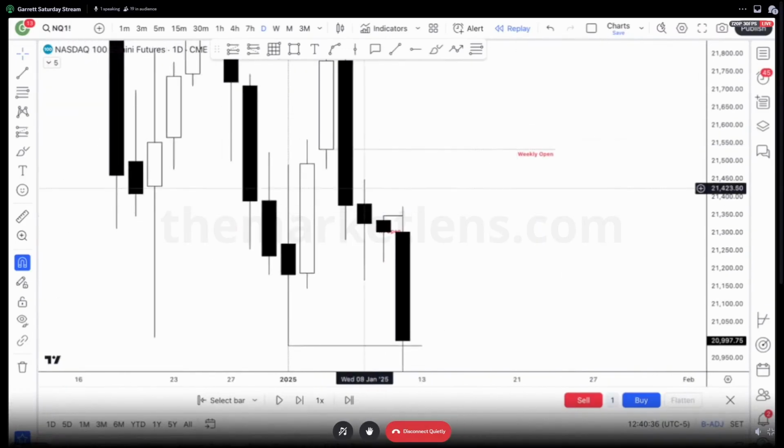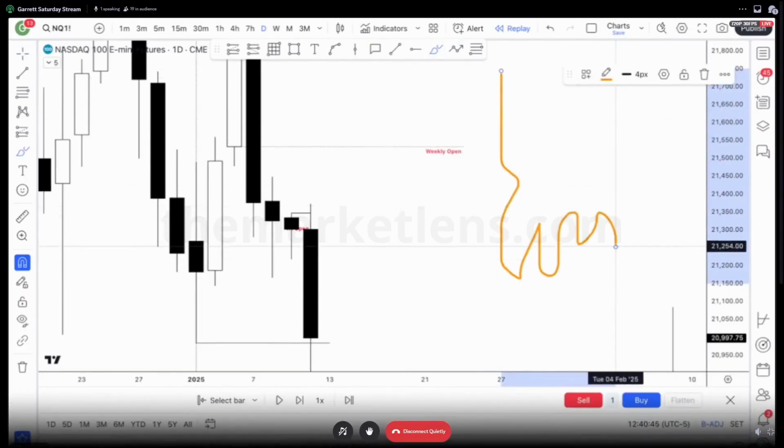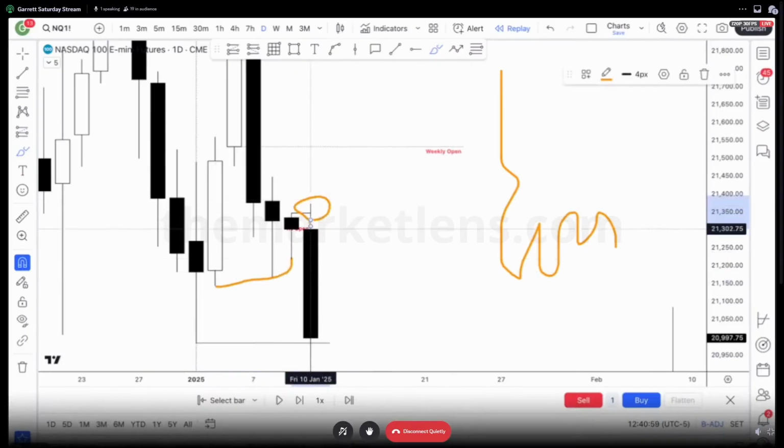And then what we see after expansion is consolidation, which is a continuation signature, right? When you expand and then consolidate, it's not a reversal signature, so we don't expect price to reverse like this. It needs to at least take out these lows. It needs to manipulate to reverse, right? Price doesn't reverse generally from failure swings. See these failure swings here? So when we manipulate, we can expect to expand towards that, right?